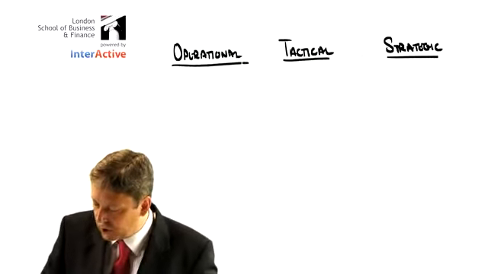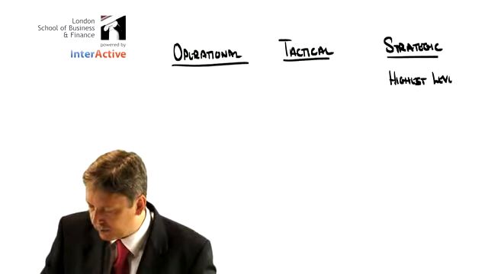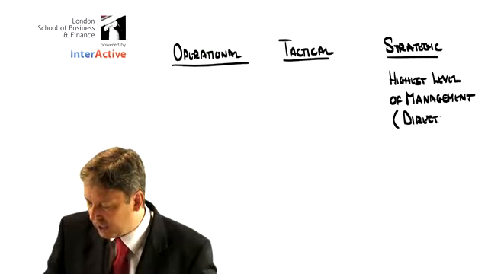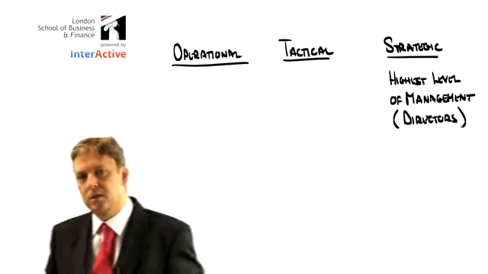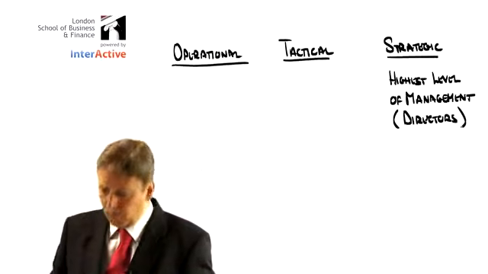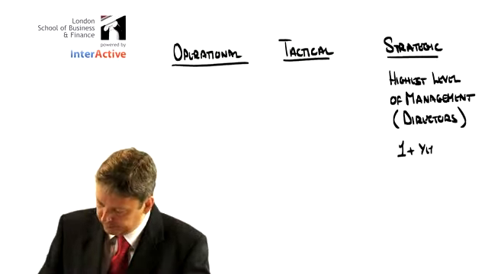We said that strategic was the highest level of management. I don't know how much you know about companies, but I suppose what we're talking about here are senior managers and directors, the people who run the business from the top. And what we're looking at here is anything over 1 year.